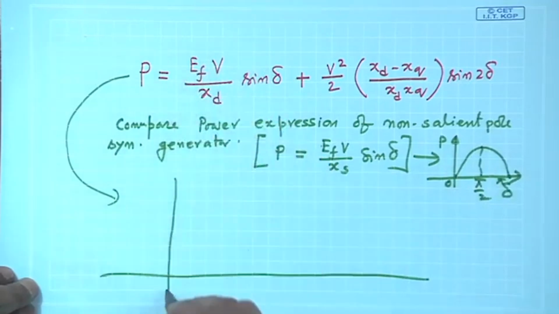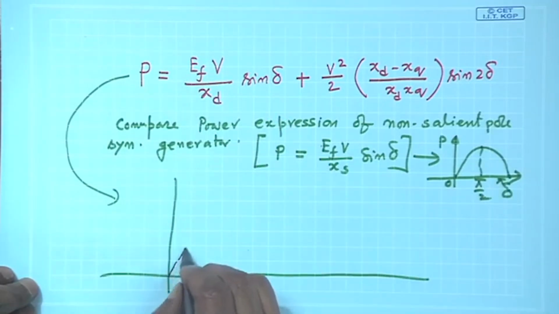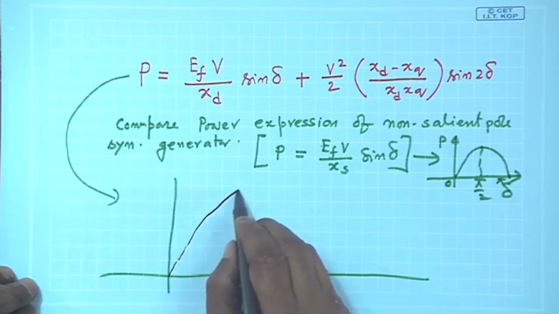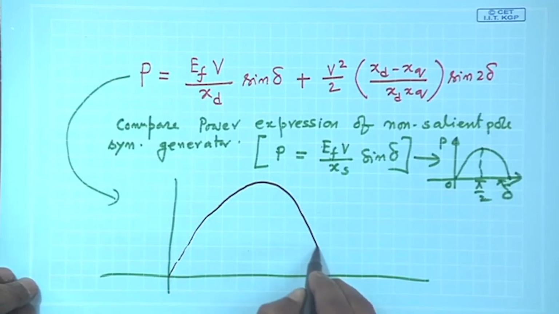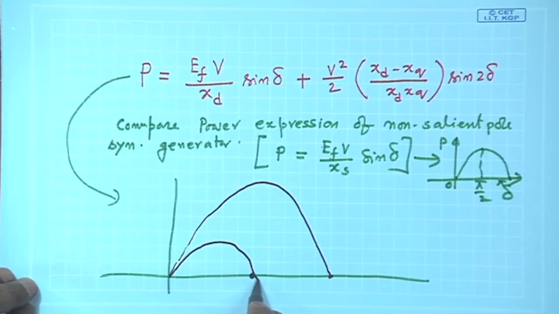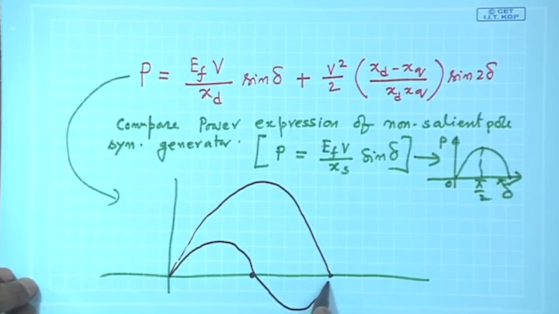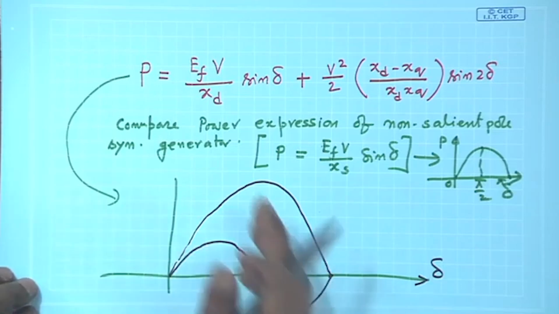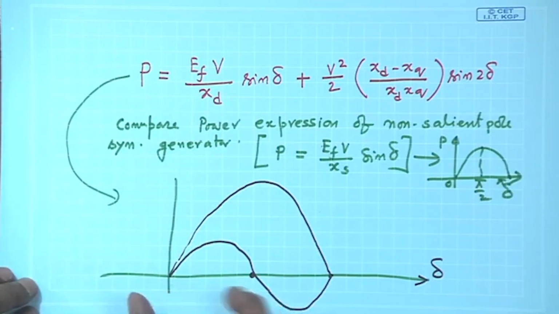So, one is this term and another is a sine term. It is 2 delta, therefore, one complete cycle will be present between 0 to pi.